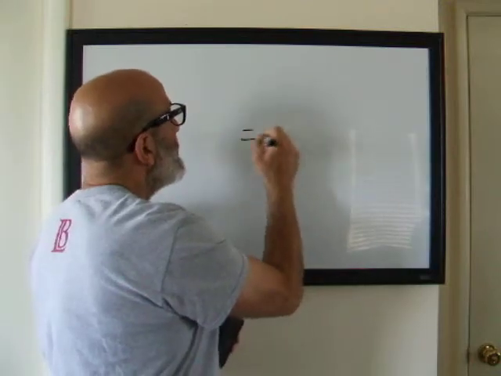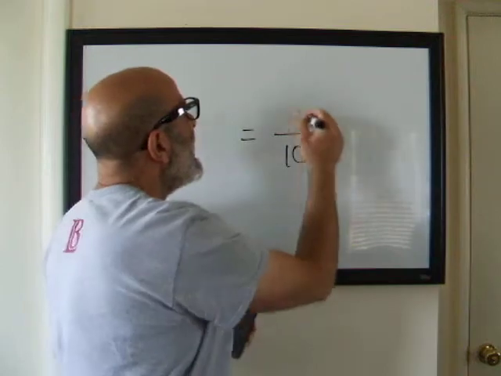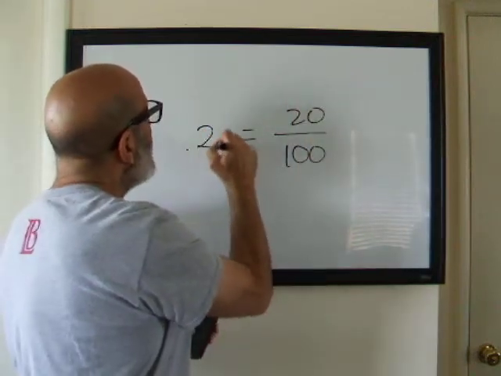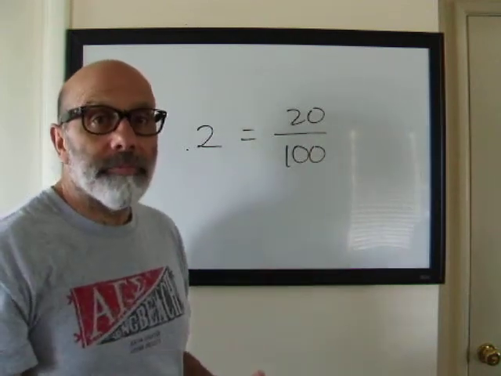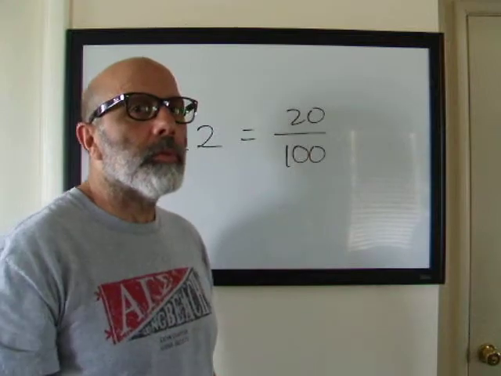If my disposable income went up by $100 and I saved 20 bucks of it, my marginal propensity to save would be 20%. The 20% and the 80%, that's your 100% of disposable income.